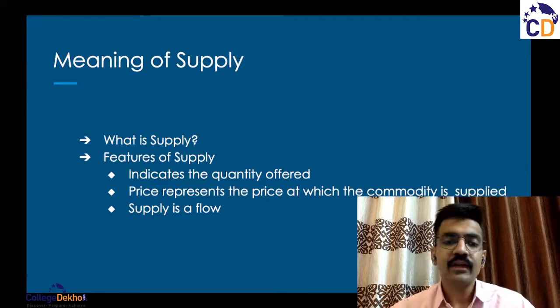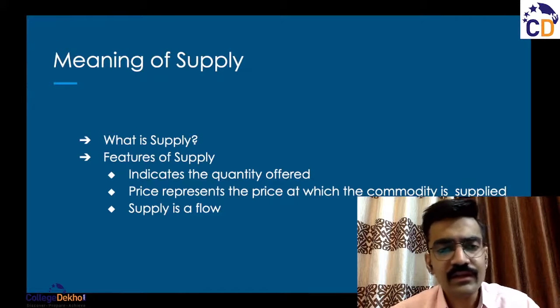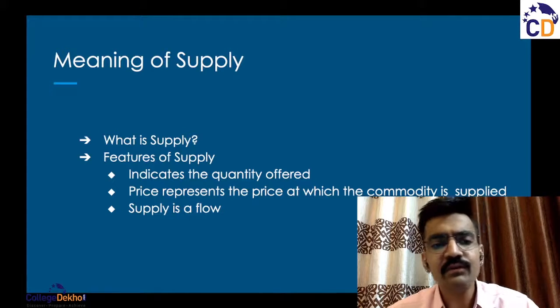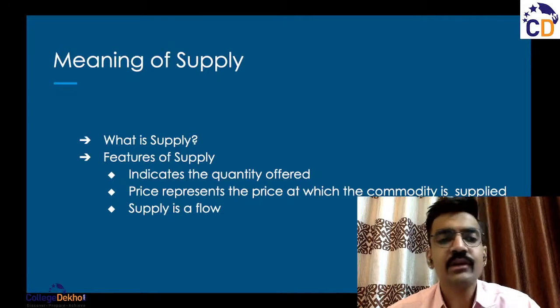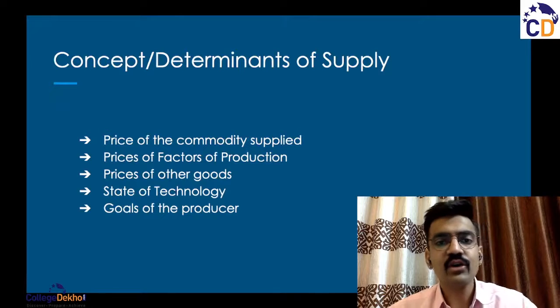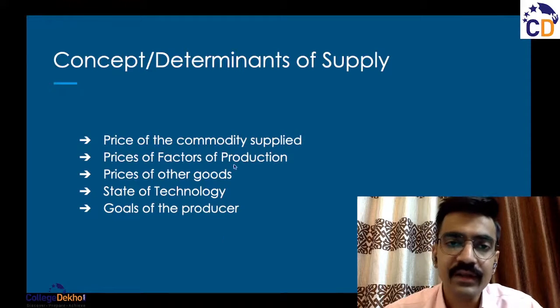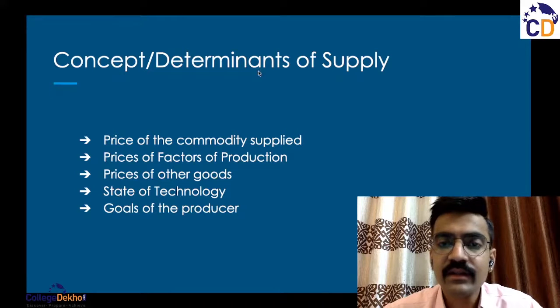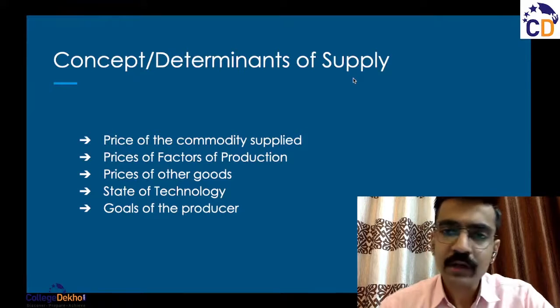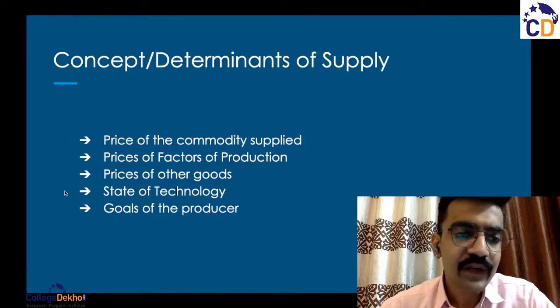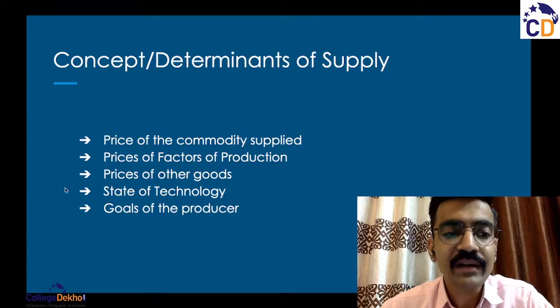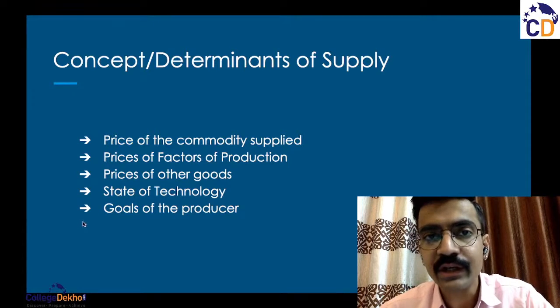Now that we have understood the basics of supply, what it means, and a few of the features of supply, let us understand the determinants of supply. What factors determine the supply for a particular commodity? Again, many of these factors are also the factors that determine the demand of a commodity.